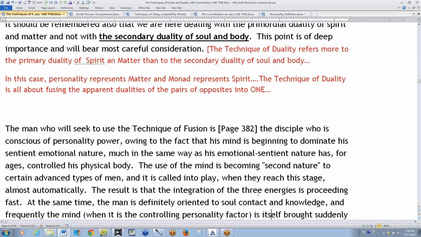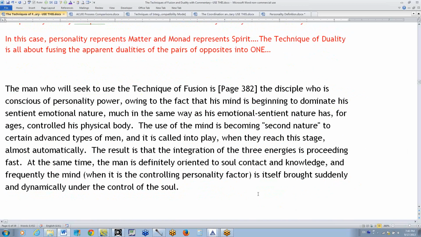That's what it's about. The man who will seek to use the technique of fusion is the disciple who is conscious of personality power, owing to the fact that his mind is beginning to dominate his sentient emotional nature, much in the same way as his emotional sentient nature has for ages controlled the physical body.